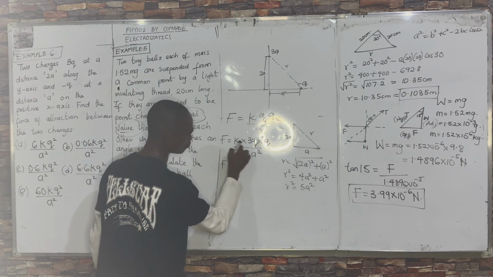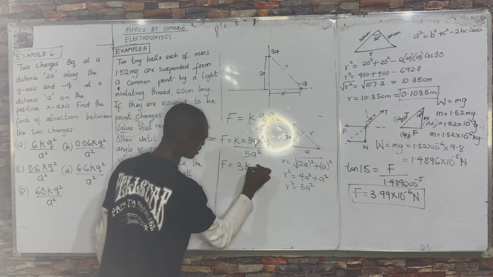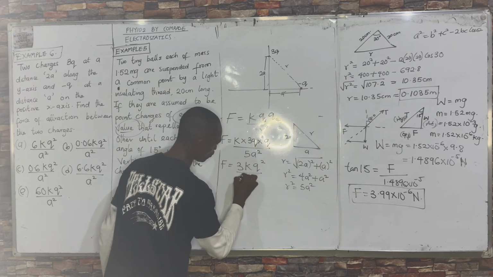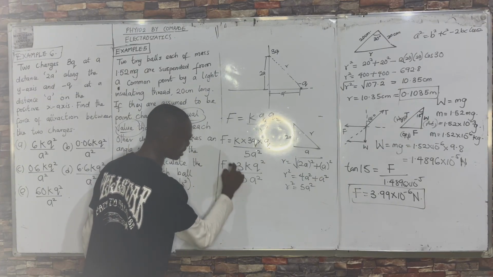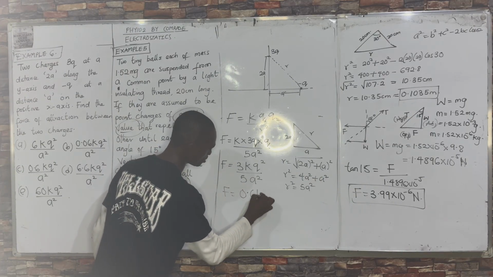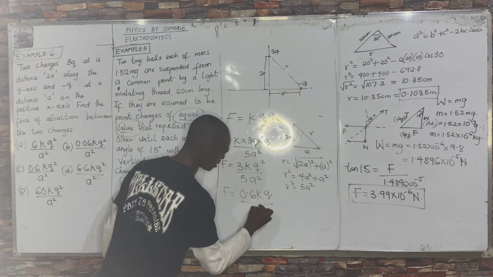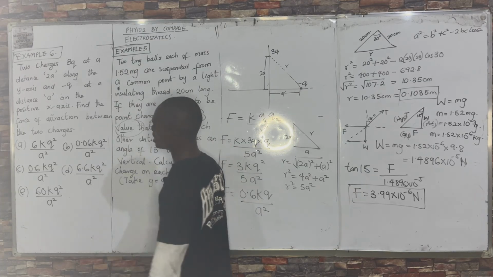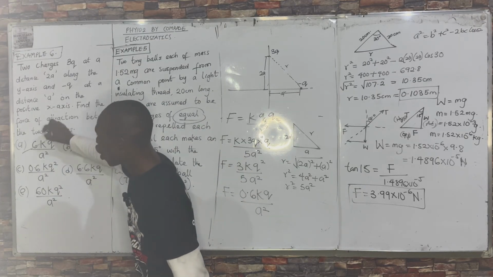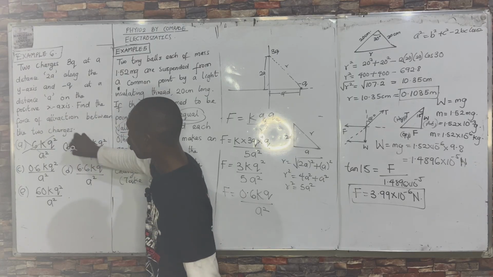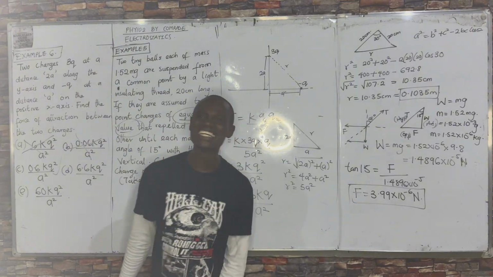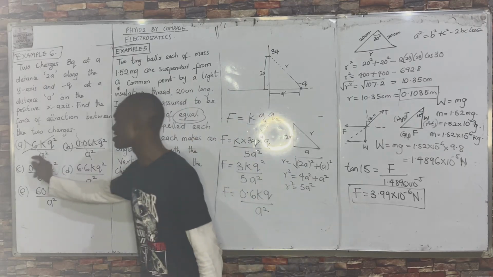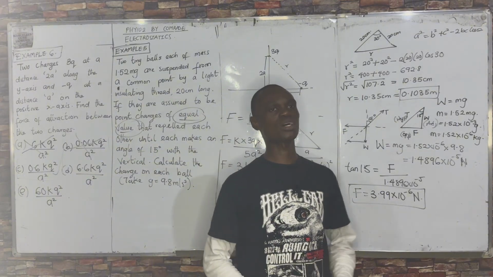F is equal to 3Kq squared over 5a squared. So 3 divided by 5 is 0.6 Kq squared over a squared. So is it option A? No. So the correct option is what? C.